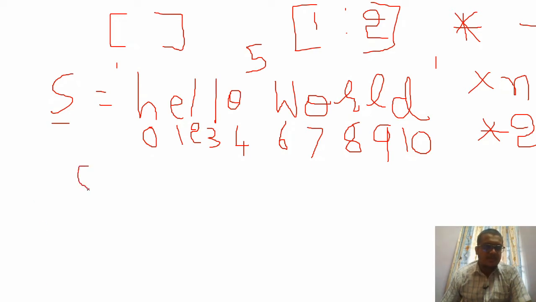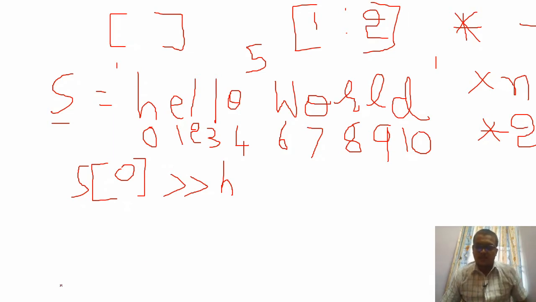First I will give a slicing operation to get the very first element, s of 0. s of 0 means the answer will be printed as h. Next I am taking s of 2:5.